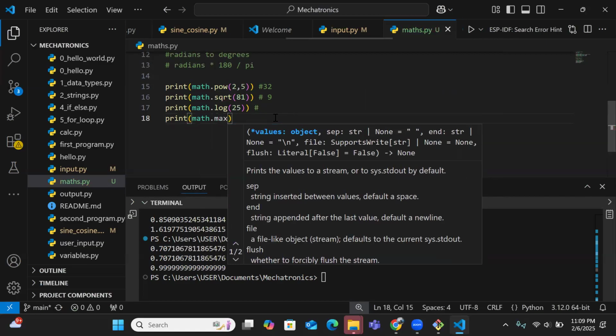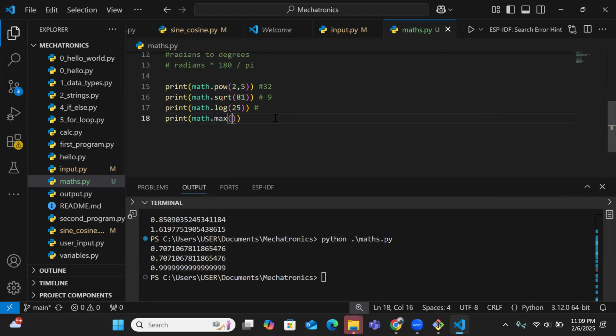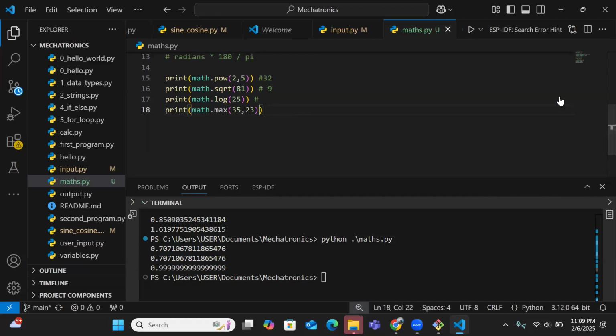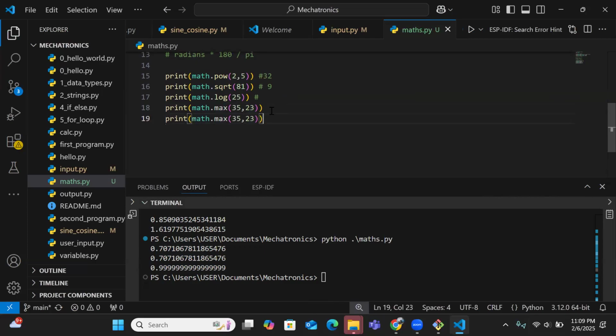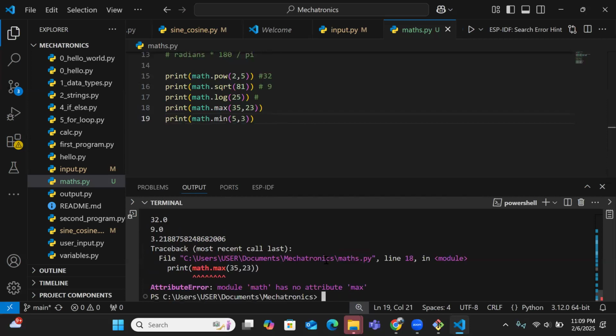Math.max, the maximum between 35 and 23. It will return the maximum number, which is 35, isn't it? It will compare the two and tell us which one is the maximum. Similarly, what's the minimum number between 5 and 3? 3 is the minimum. So let's run those and see.